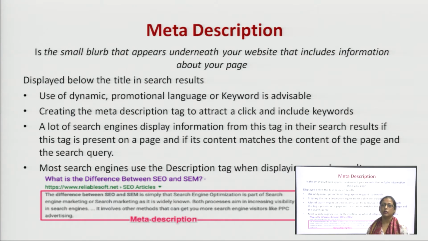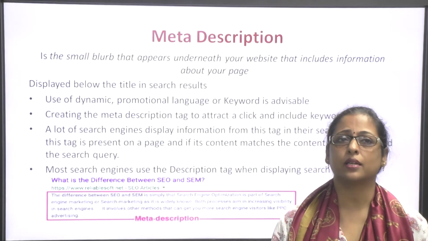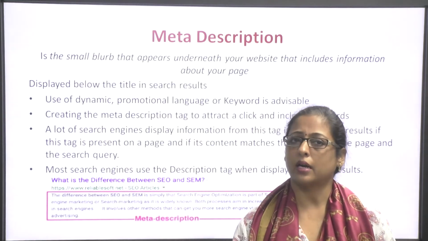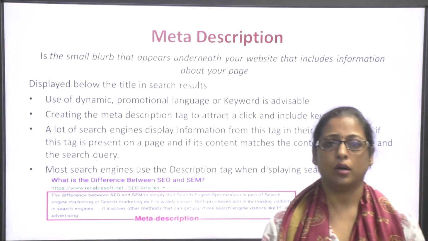Now, the third kind of on page SEO technique is the meta description. It is basically a small blurb that appears underneath your website, and that includes information about your page.